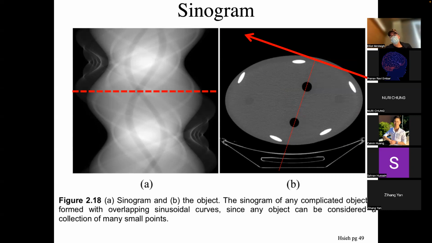So it's interesting to be able to look at the object, look at your raw data and say, where could I get in trouble with this object? Oftentimes there are things in your field of view that are very strong X-ray attenuators, right?